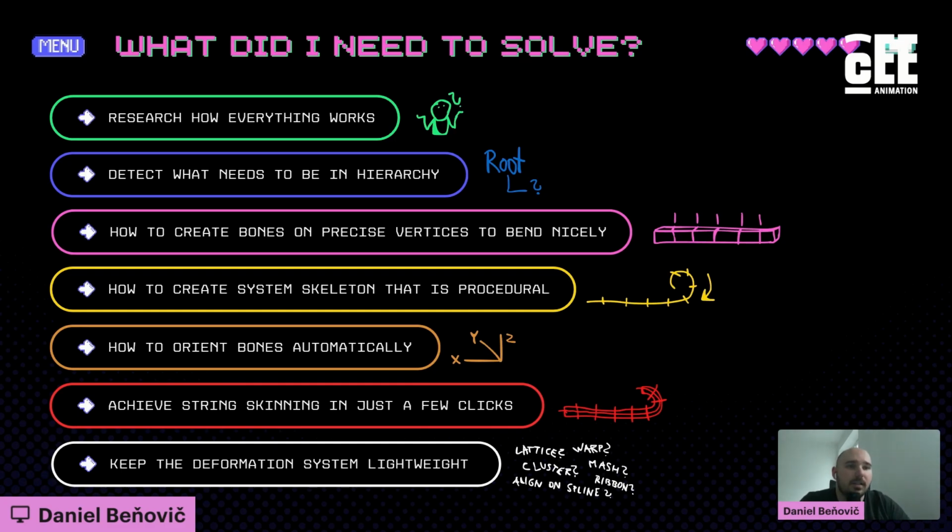Then we need to automate this process with a Python script to avoid the tedious creation of hundreds of bones when making other bows. Then I had to design a system skeleton or a driver skeleton that moves all these bones in the pulley and functions procedurally, allowing us to only replace the curves when producing other bows.